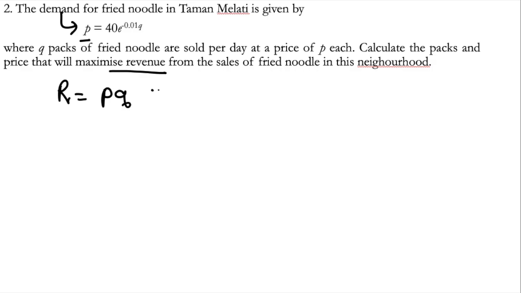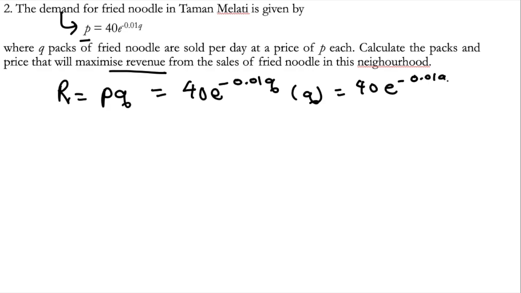So here we have price, which is 40 E to the minus 0.01 Q, and then we multiply by Q. That gives us the revenue function, which is 40 E to the minus 0.01 Q times Q. To maximize revenue, we need to know how many Q and what the price is.